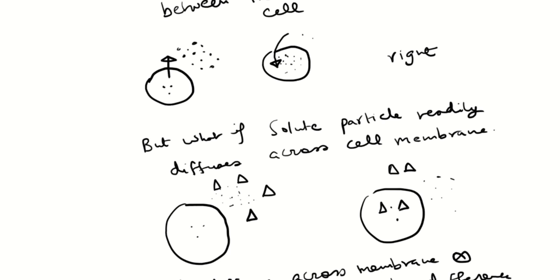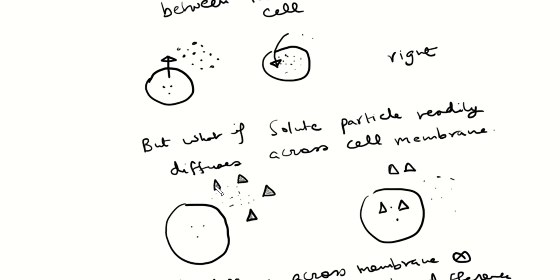Now I'm going to introduce another interesting concept. What if a solute particle readily diffuses across the cell membrane? I have the same concept here, and the triangles represent the particles of solute. However, they're special. Why are they special?